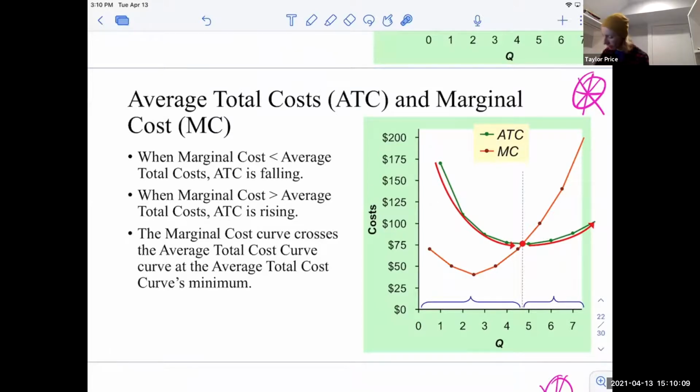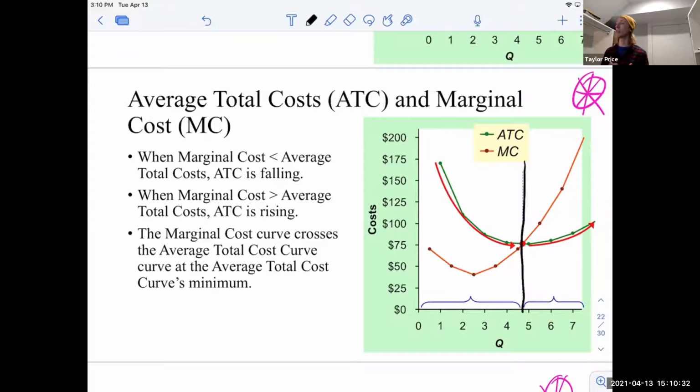And so you can divide this graph into two sections: the section on the left and the section on the right. When marginal costs are less than average total costs, that means that the average total cost curve is falling.